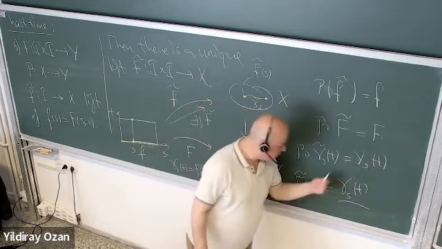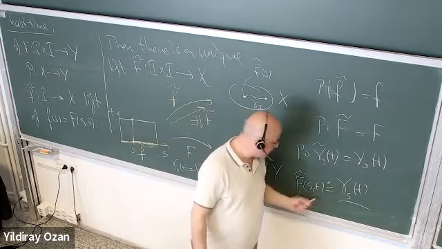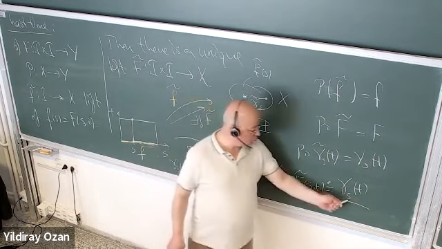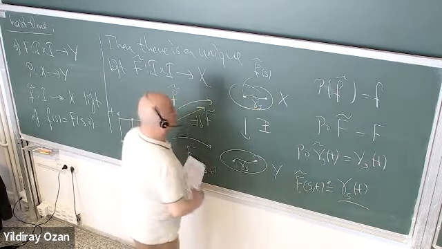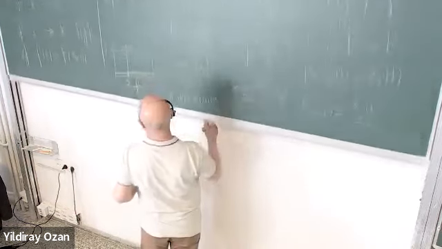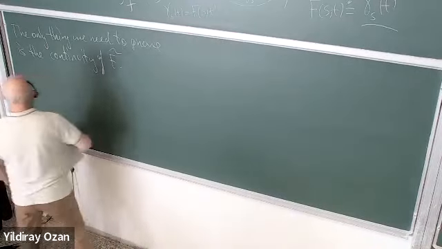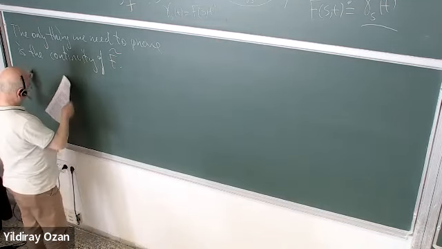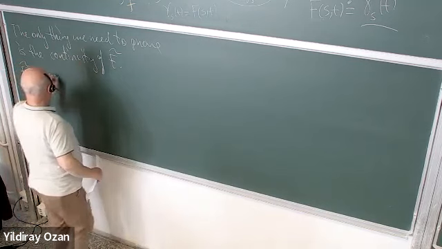Its lift is continuous. We proved it last week, but it is not clear why this gadget is continuous with respect to both variables. Okay, that's not clear. So that's what we are going to do. F tilde is continuous.